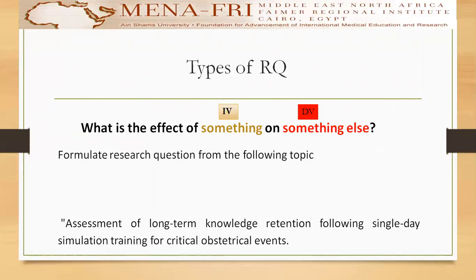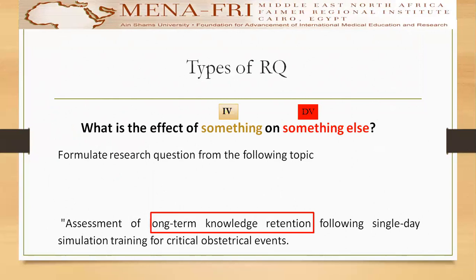So when I formulate a research question from the following topic, assessment of long-term knowledge retention following single-day simulation training for critical obstetrical event, where are the dependent and independent variables?